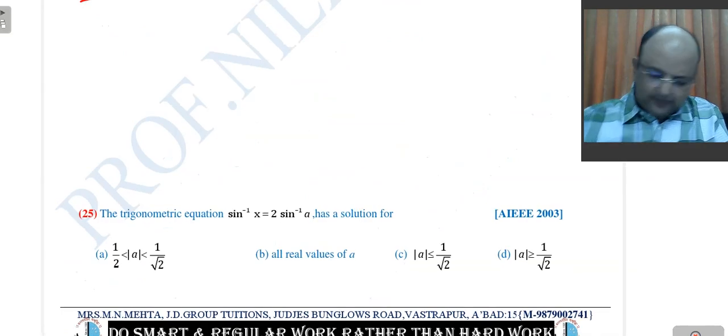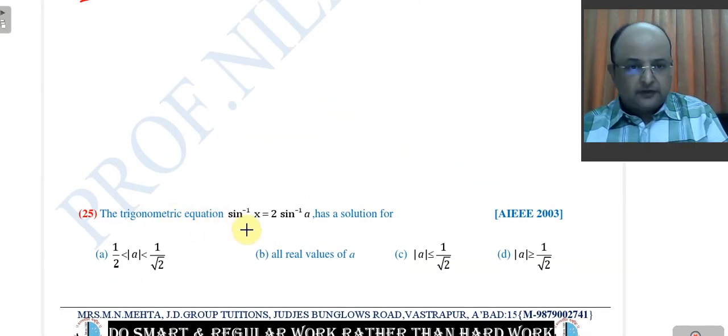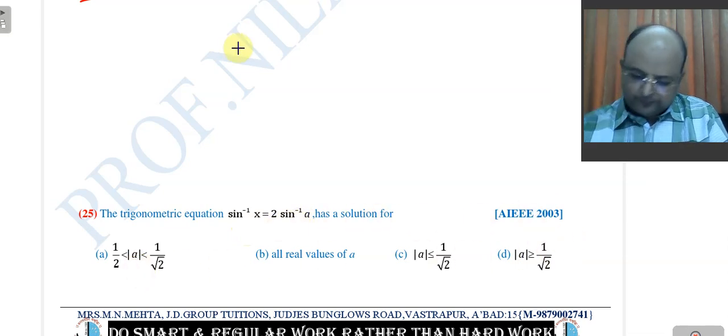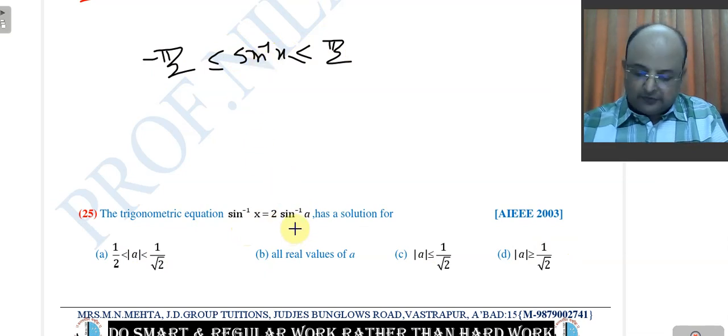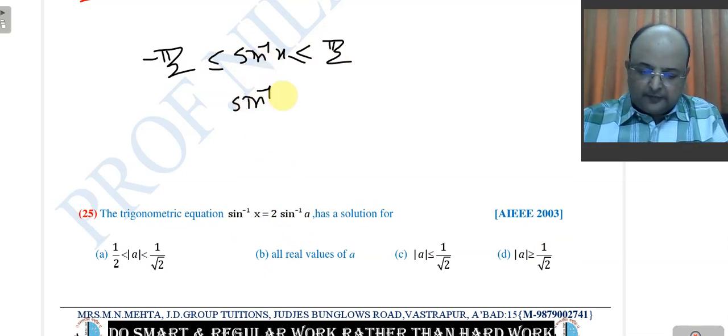This is damn easy. Trigonometric equation sin inverse x equals 2 sin inverse a has a solution if and only if this happens. What do you know about sin inverse x? What is the range of sin inverse x? Yes, minus pi by 2 to pi by 2. I replace your sin inverse x by 2 sin inverse a and I divide by 2. So this will be minus pi by 4 to pi by 4.